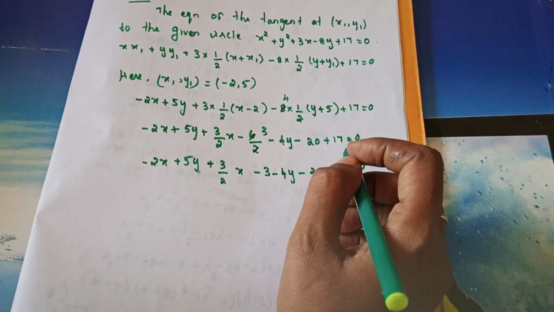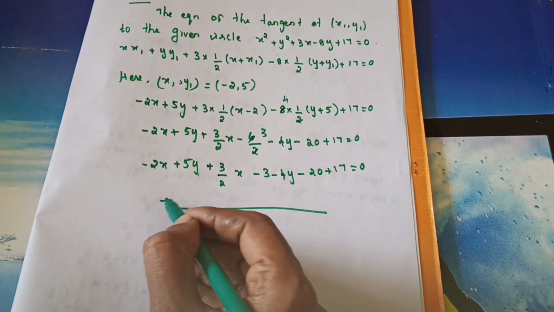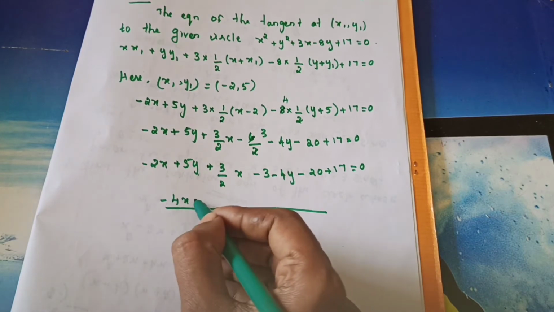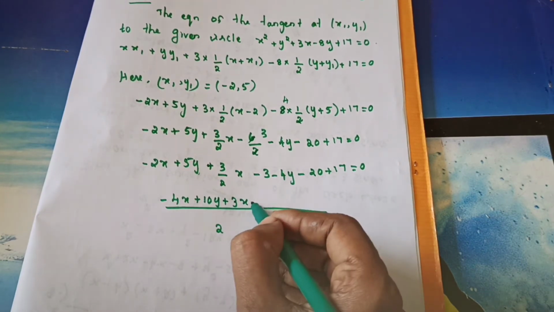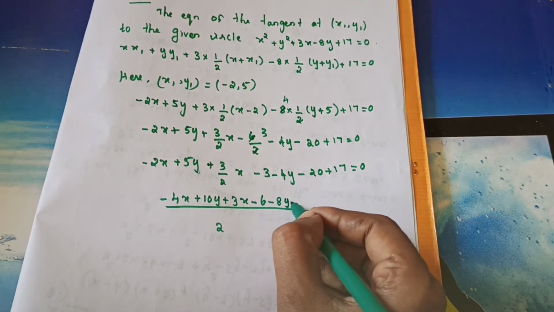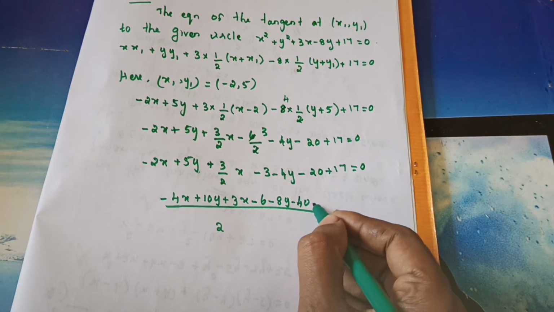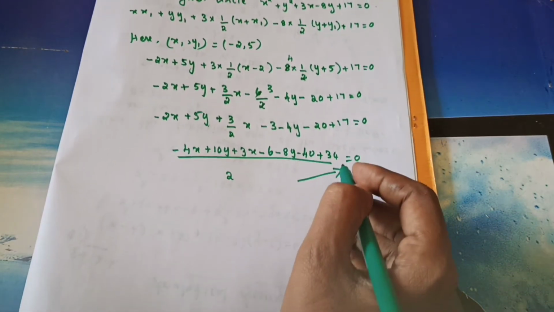So shall we take the LCM as 2? So 2 as the LCM. It will be multiplied by 2: minus 4x plus 10y plus 3x minus 6 minus 8y minus 40 plus 34 equal to 0. When you are cross multiplying, this will become 0.